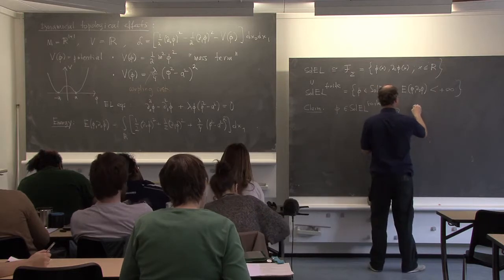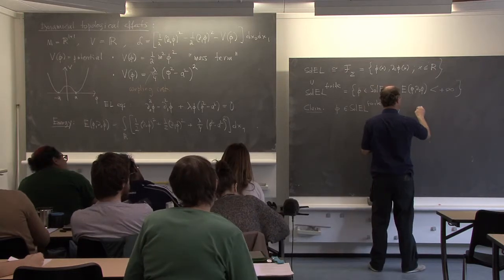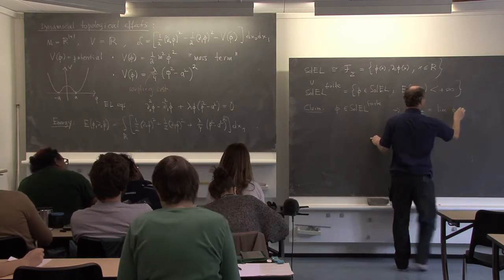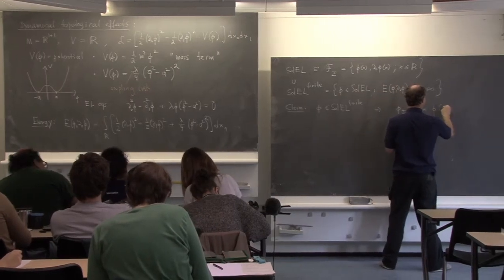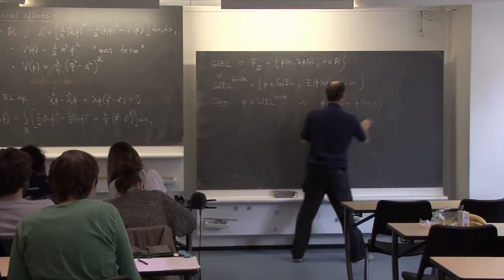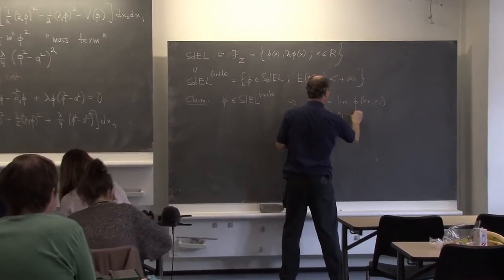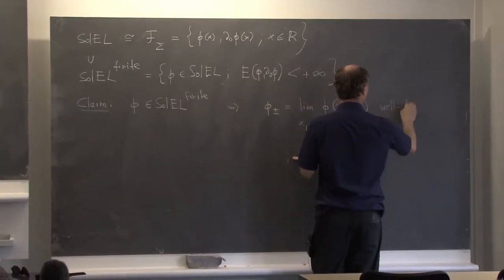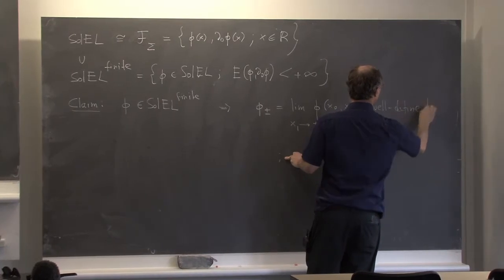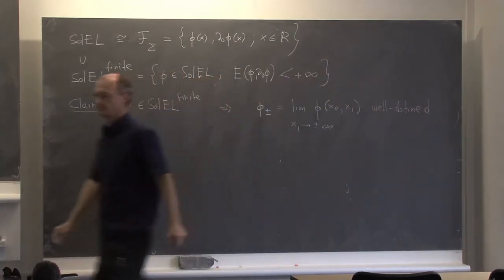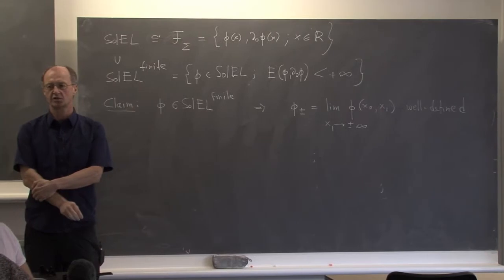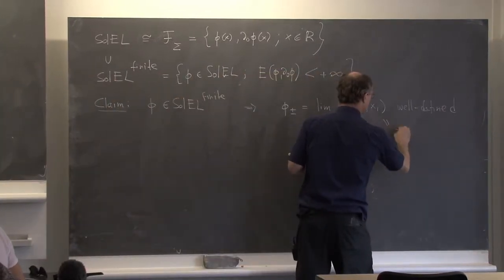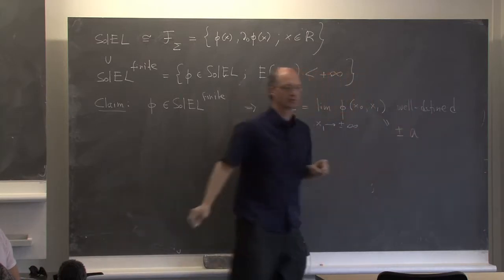So then phi plus minus, which is a limit of phi(x naught, x1), x1 going to plus or minus infinity, is well defined for any x naught, and is equal to plus or minus a.